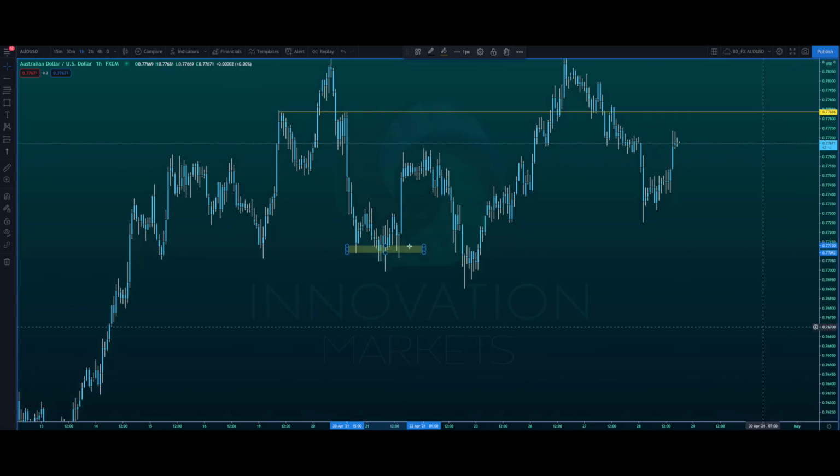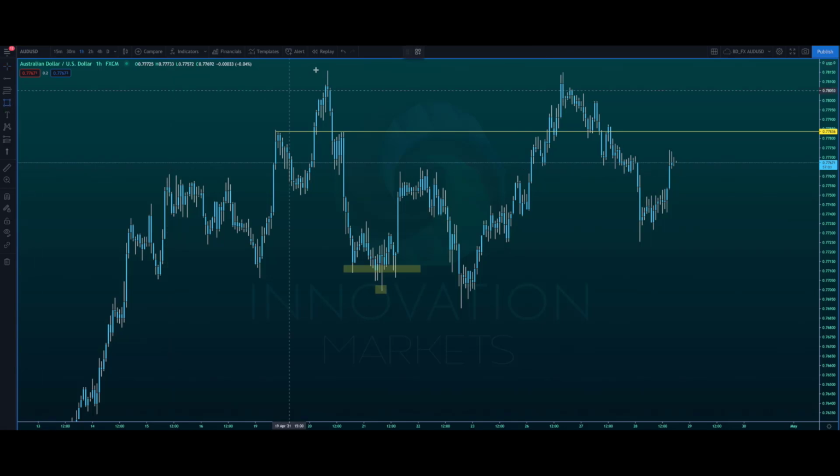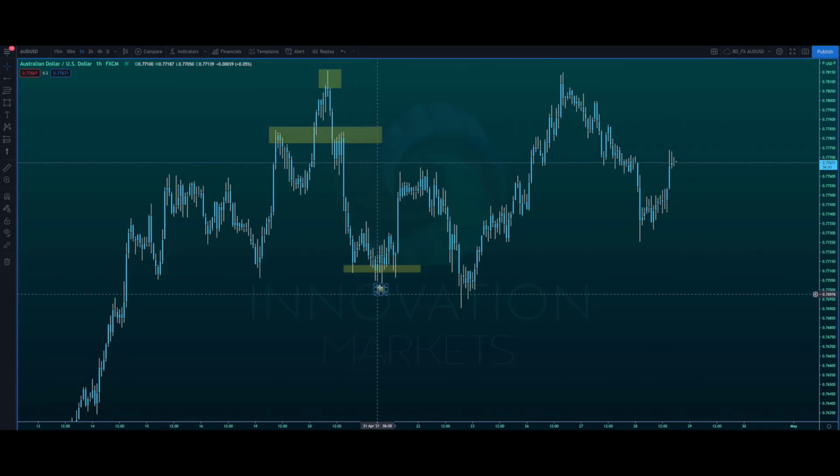See when it came back to retest that right shoulder? Remember, inverse? That's the head. There's your sell. So here, left shoulder, drove through, head, came back up to the neckline.